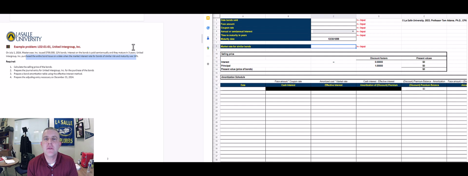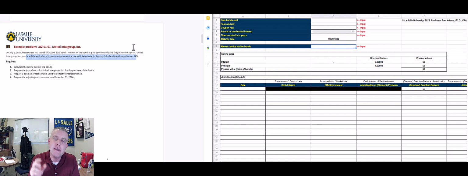Well, oftentimes what happens is a company will create the bond legal documents called the indenture, and in that set of documentation, there will be a stated interest rate, the coupon rate. Then there is some delay between when those legal documents are finalized and when these bonds are actually offered and sold in the open market.